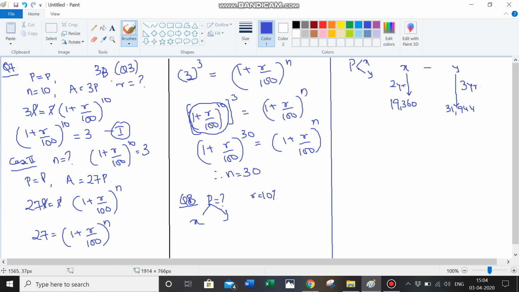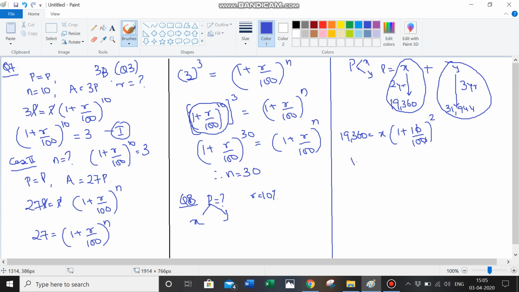So my P will be equal to X plus Y. I calculate this component separately, this component separately, and add them. So let's use a simple formula. 19,360, which is my amount, is equal to P, in this case I've taken it as X, times 1 plus R upon 100, R is 10, raised to the power 2.